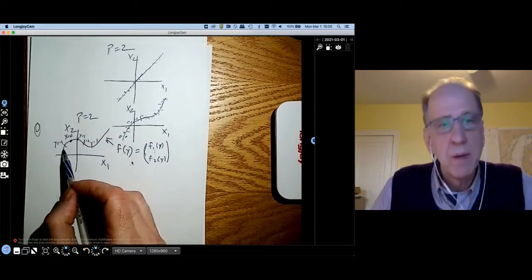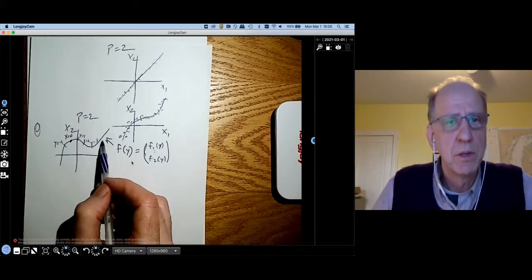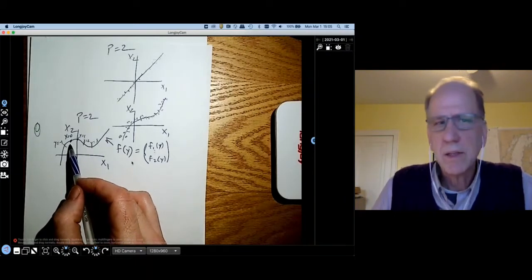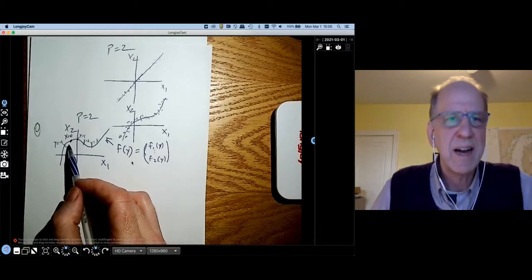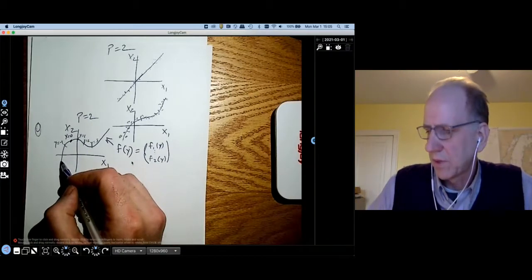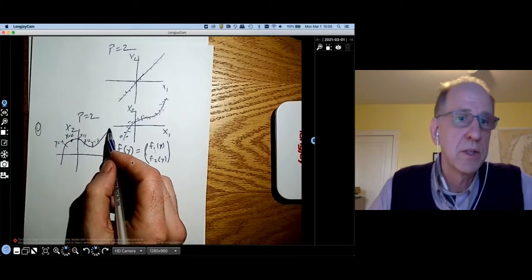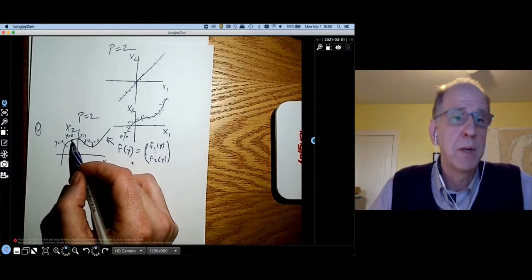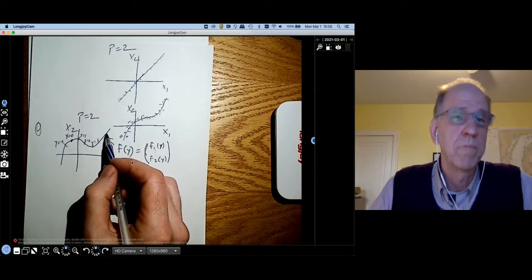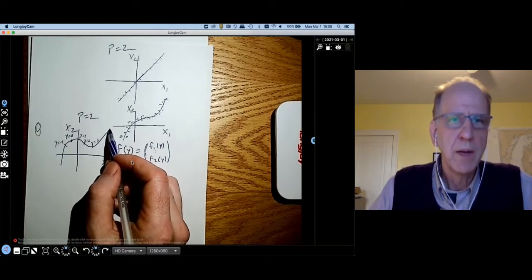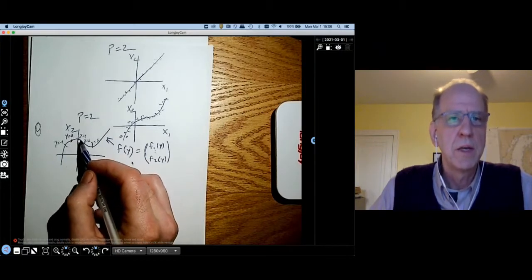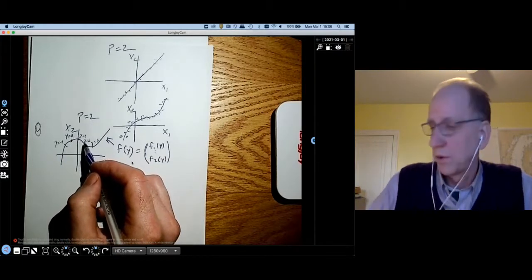So y is telling me the position where we're located on this curve. I like to think about an interstate highway. We could think of this curve as being like an interstate highway, and you can think of the y's as being like mile markers. So here is mile marker 0, 1, 2, 3, 4, and so forth. We could also describe our location on this road in terms of latitude and longitude.